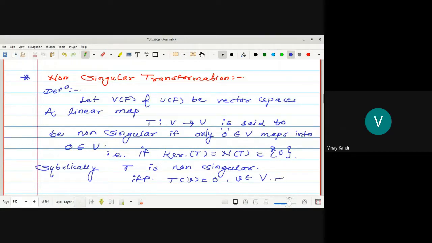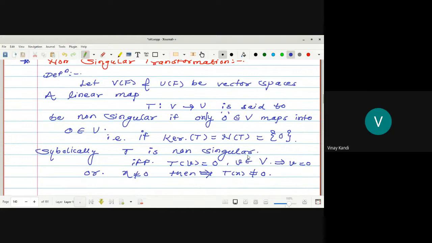This is the small v, not the capital one. Or if x is not equal to 0, then it implies T of x is also not equal to 0.